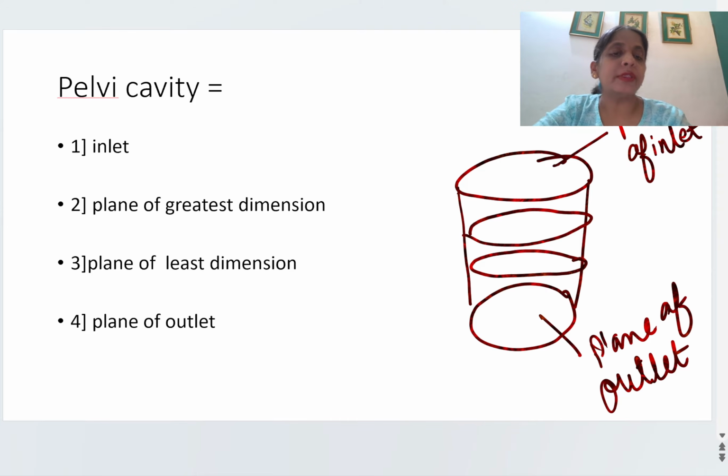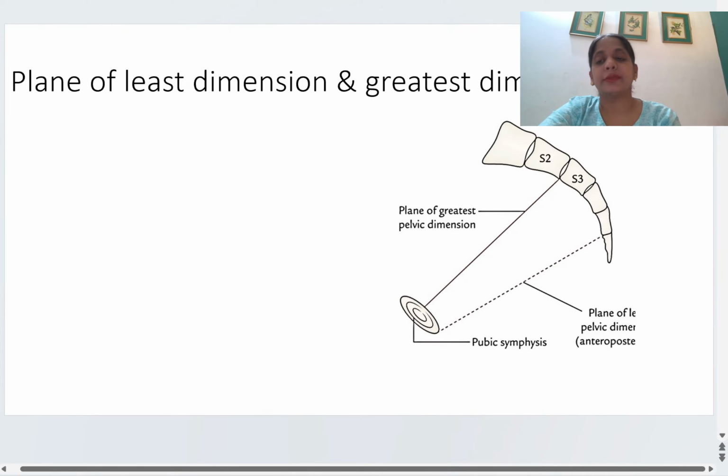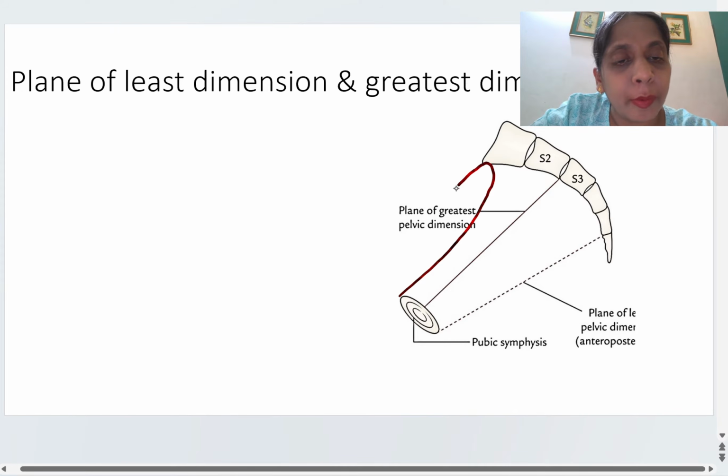Now we will study those planes. Their names are the plane of greatest dimension and the plane of least dimension. See here, this was the inlet, where the sacral promontory was, the plane of the inlet.